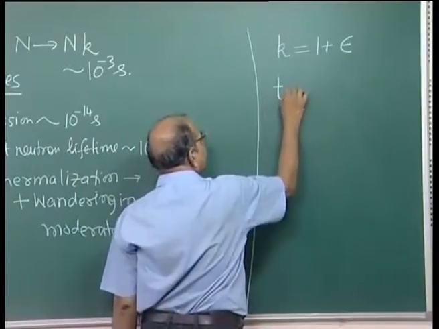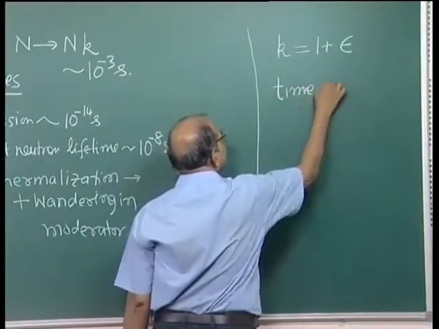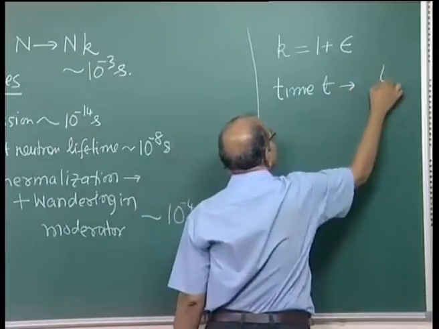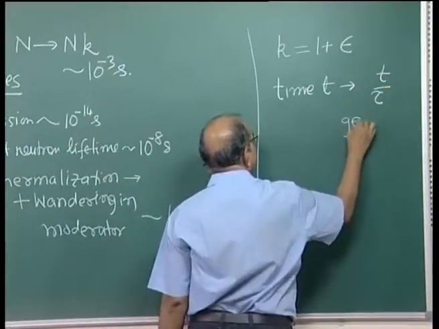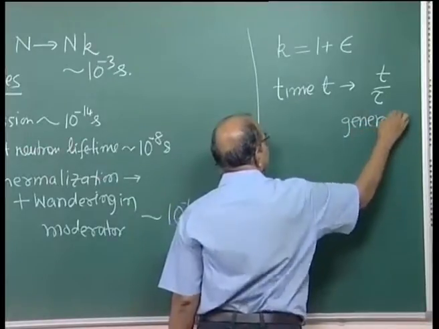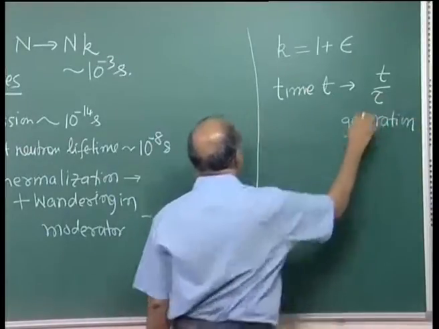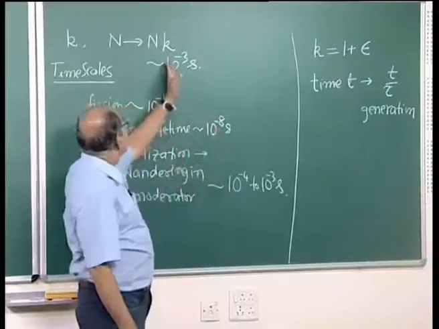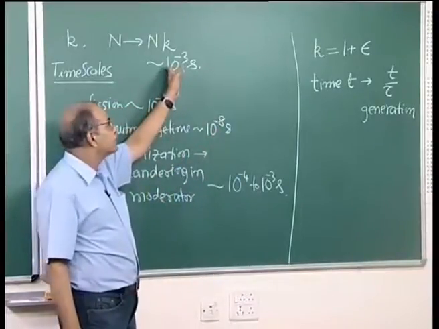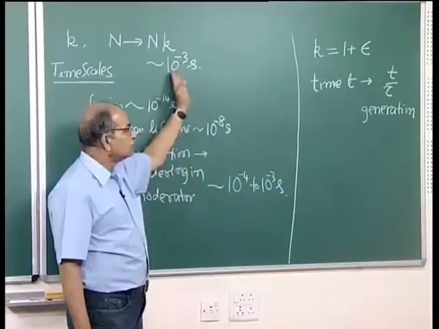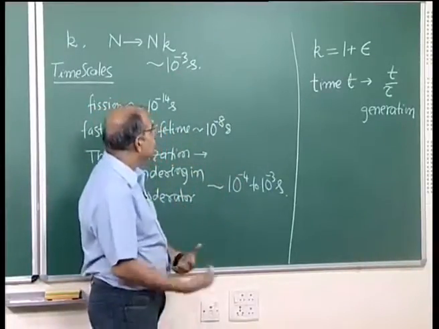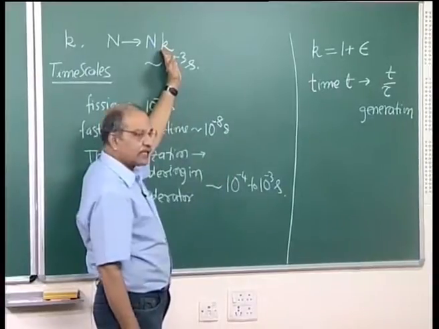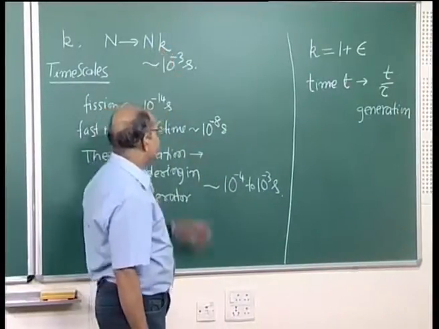you have t by tau generations going on, where tau I am writing for this generation time scale here, 10 to the minus 3 seconds or so. So, these many generations have gone, each generation it is getting multiplied by k, that is 1 plus epsilon.